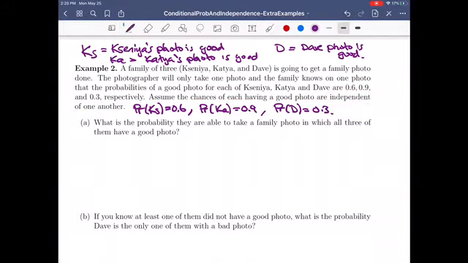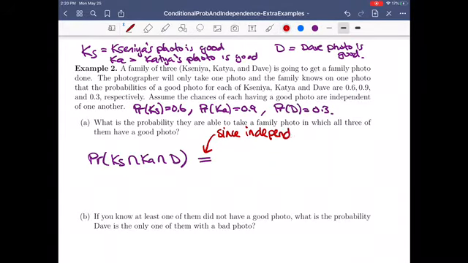What is the probability they are all able to take a photo where all 3 of them have a good photo? What we're looking for here is the probability of KS and KA and D, they're all good. Since they're independent, this intersection is actually easy to compute.